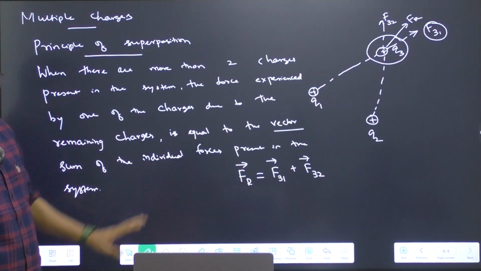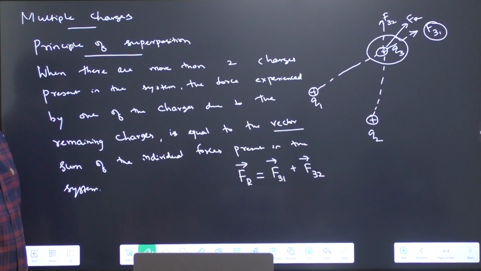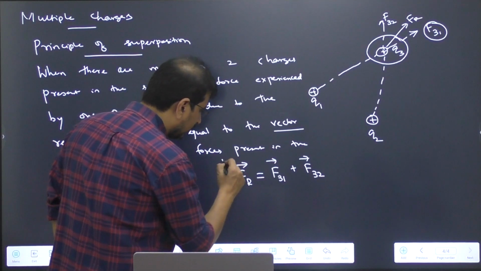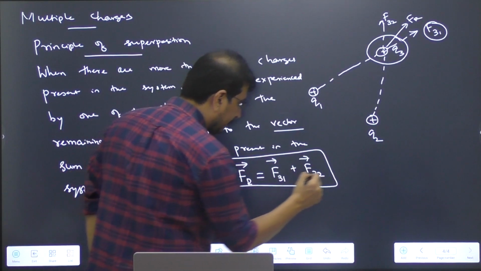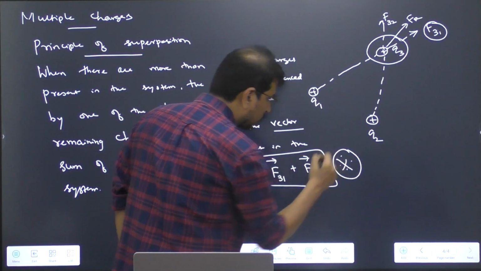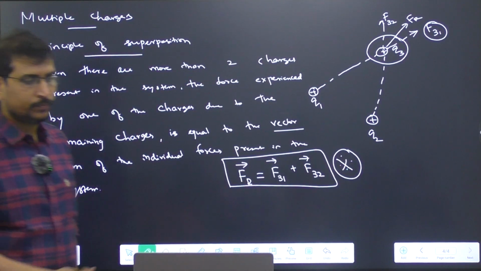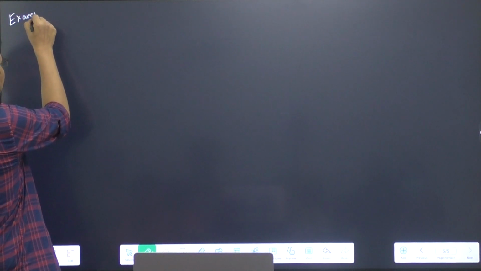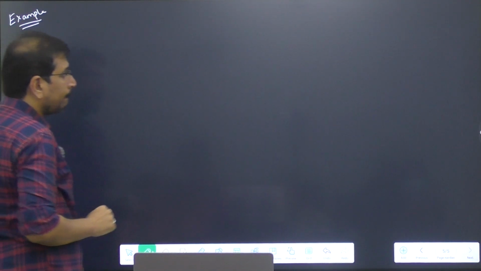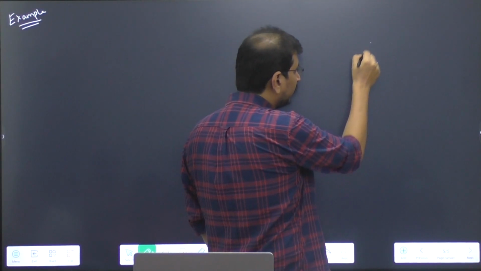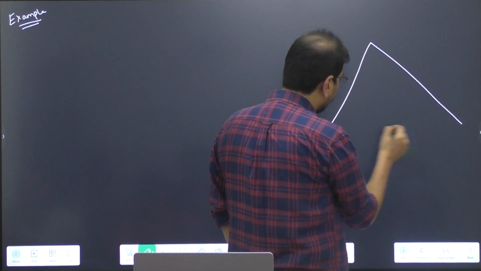If you write it without the vector symbol, it is wrong. Okay. So make a note of this. We will see an example problem. Suppose I have 3-point charges.